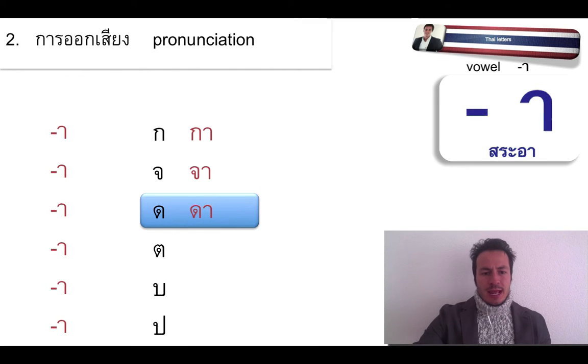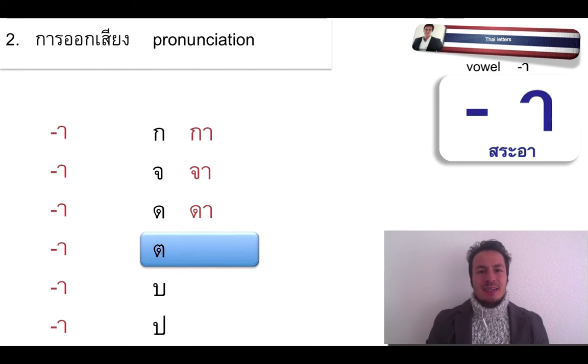Quite straightforward, and the next syllable is da dao, da dao, combined with the long vowel, leading to the syllable da. Excellent, and you can now feel, hopefully, the difference between da dao plus sara and da de plus sara, so the two syllables which are now right on top of each other.